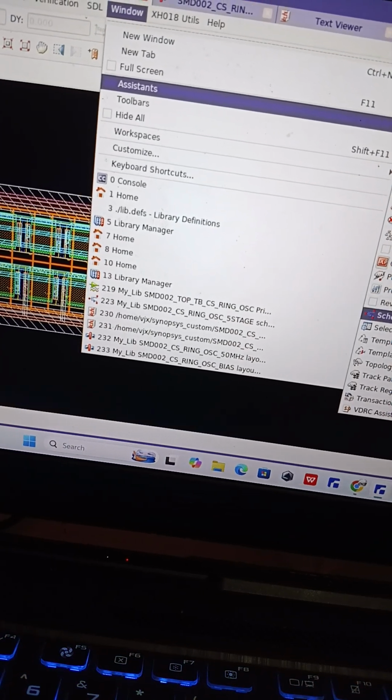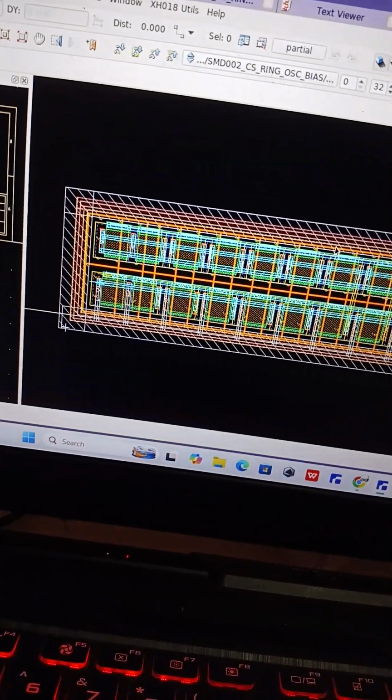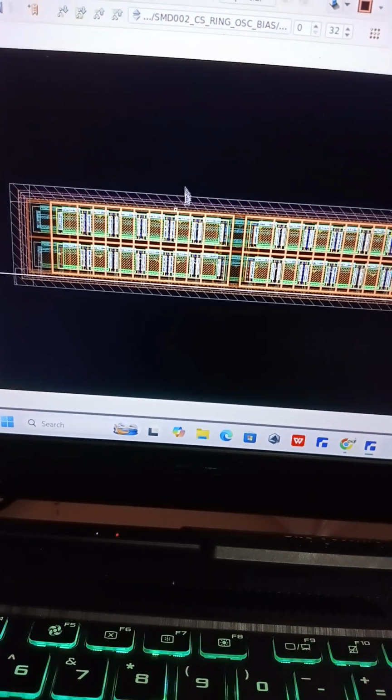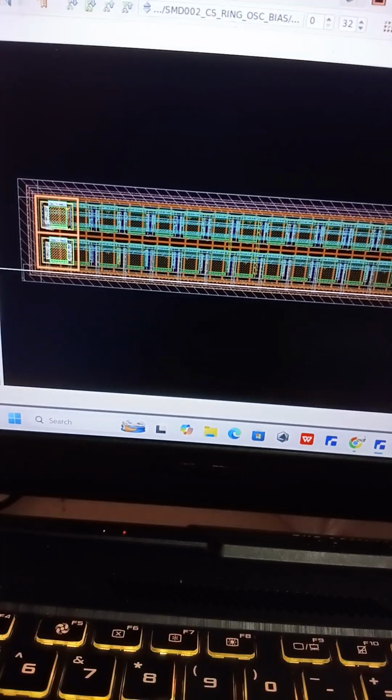Where is the schematic? Can you see here when I click this? This is at the middle. This is the reference current mirror reference. It is always at the middle, and this is the one that copies the reference current. And you can see this is the dummy.